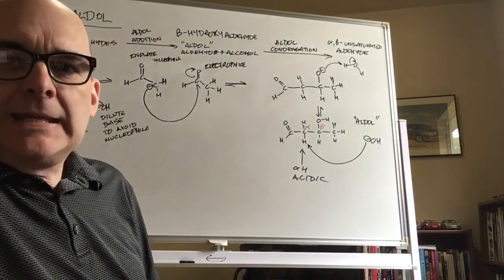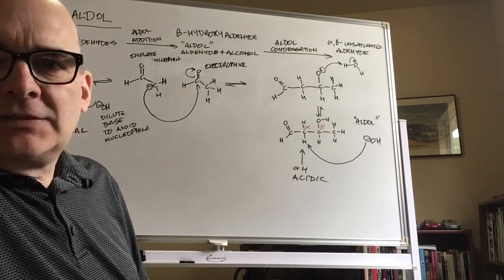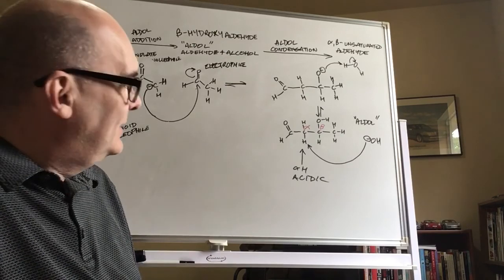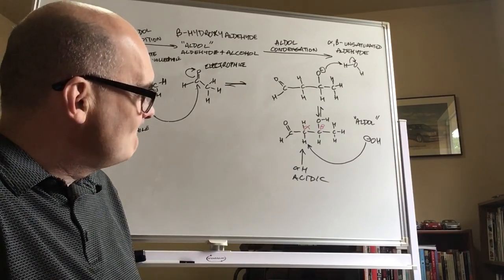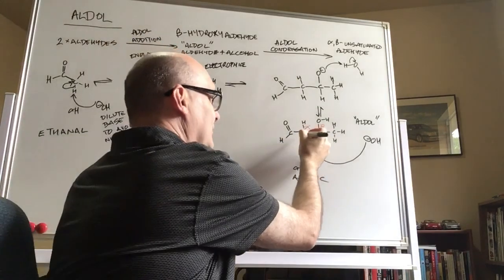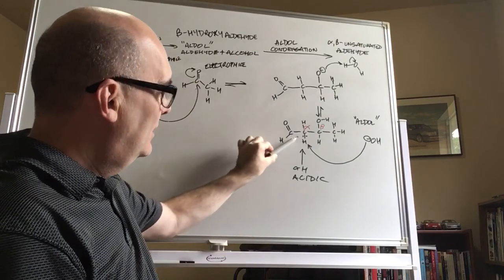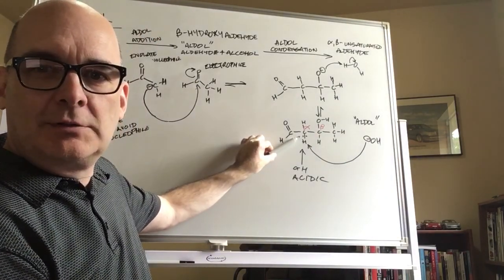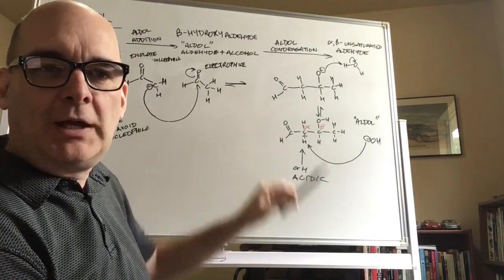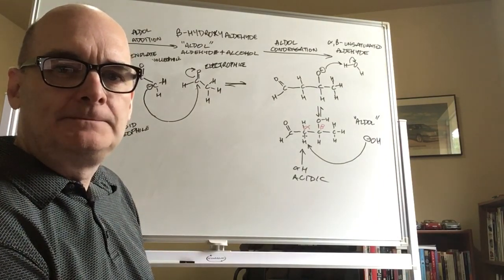If I take that hydrogen, because that's the most acidic thing in the solution, then I'm going to be taking it as H+, which means those electrons that are in the carbon-hydrogen bond here, I don't need those. I'm going to leave those behind.